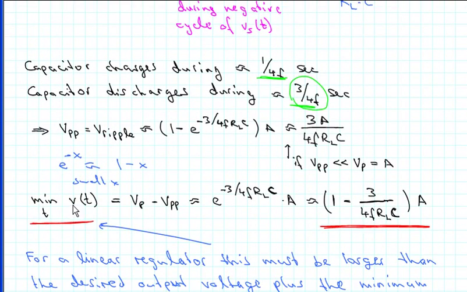So that minimum over all t of V of t is equal to Vp minus Vpp, and that then becomes e to the minus 3 over 4f RLC.